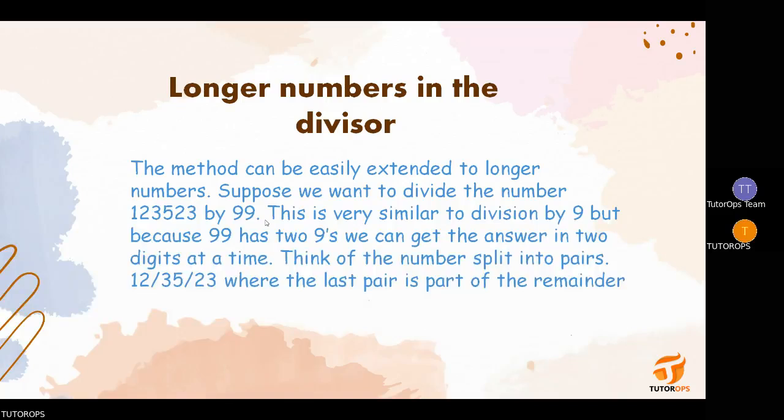Now, first of all, we will divide the number into 3 consecutive pairs. So here the number is 1, 2, 3, 5, 2, 3.